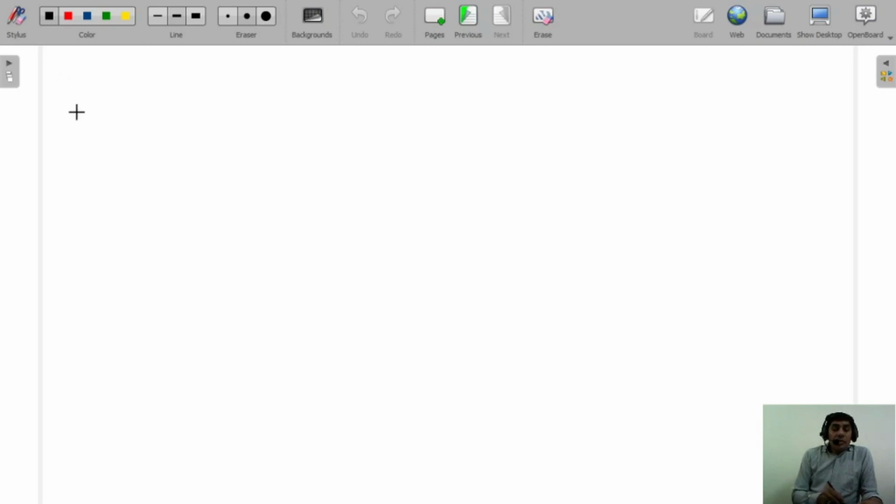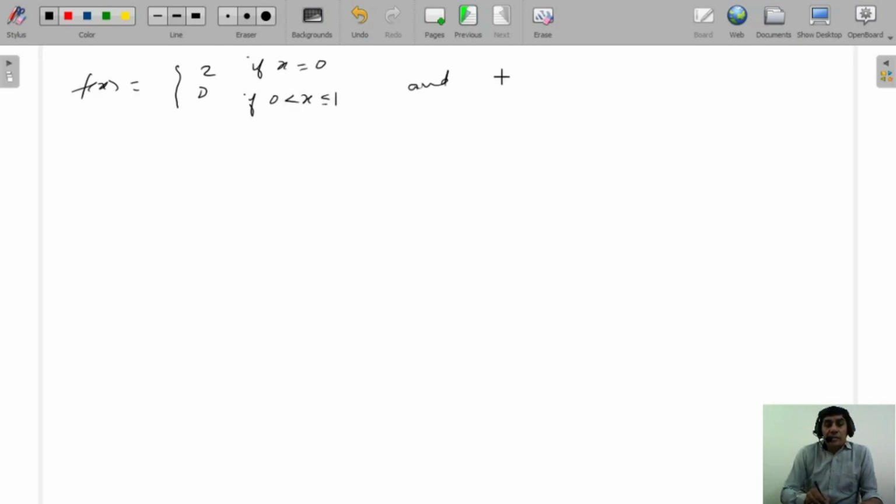For this, we have to take an example that f(x) is equal to 2 if x is equal to 0, 0 if x is greater than 0 and less than or equal to 1, and g(x) is equal to 1 if x is equal to 0, 0 if x is greater than 0 and less than or equal to 1.